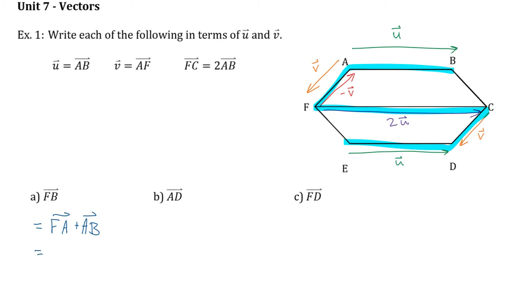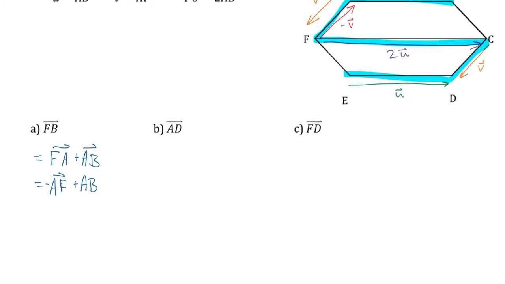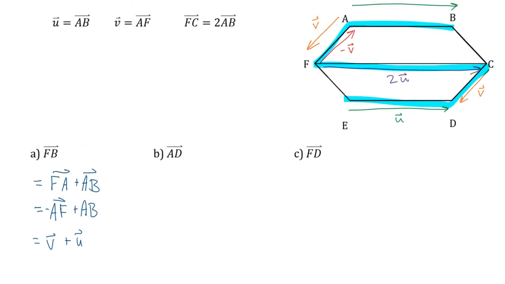So you don't have to show this work, but this is what we're doing. This is actually negative AF, which is the same as FA, plus AB, and AF is v. So this one is negative v plus u, or u minus v. Okay, and that's how you could do it. But if you could get to that in one step, that's fine.